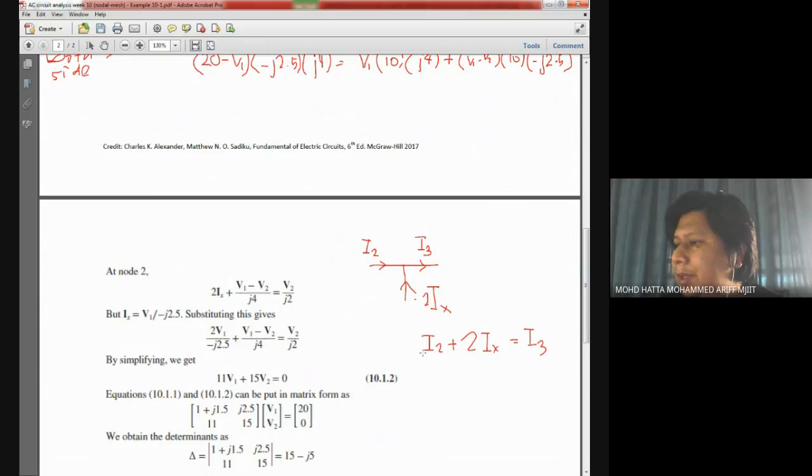Based on this basic equation, you can expand it into this new equation involving voltage and also Ix, which was defined in the question earlier.